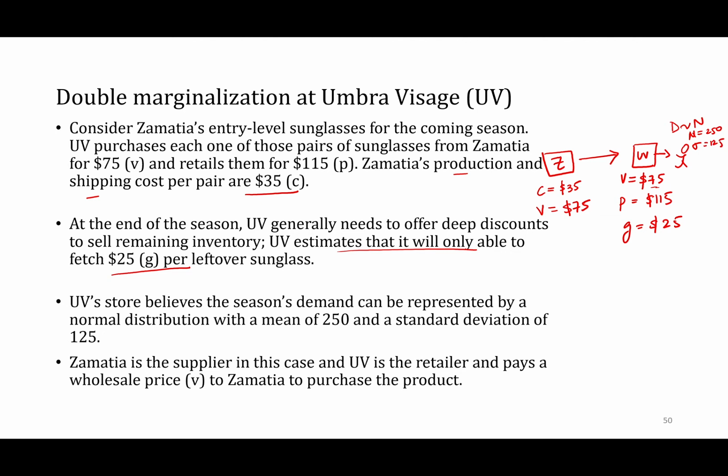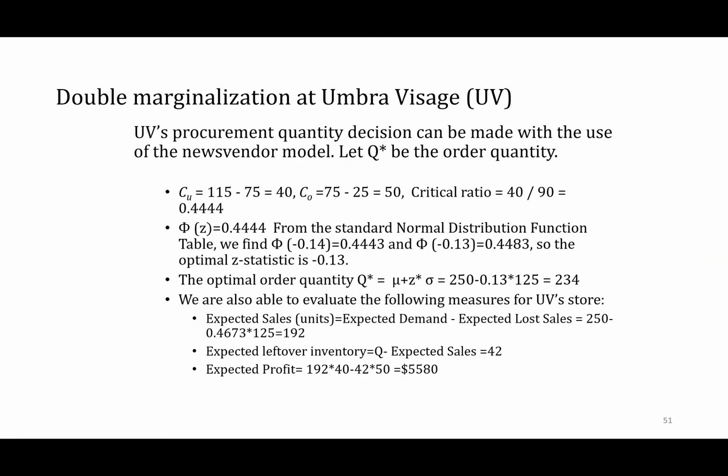So in order to solve this problem, we started with UV's problem. We calculated the underage, the overage, the critical ratio, and then we found what the Q star is, and it turns out that the Q star is 234.